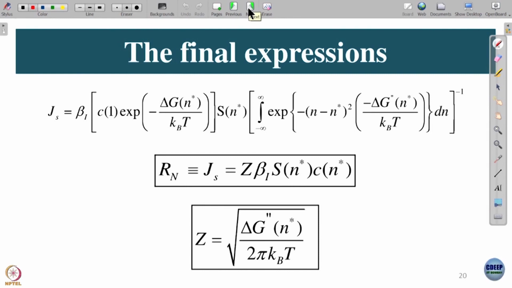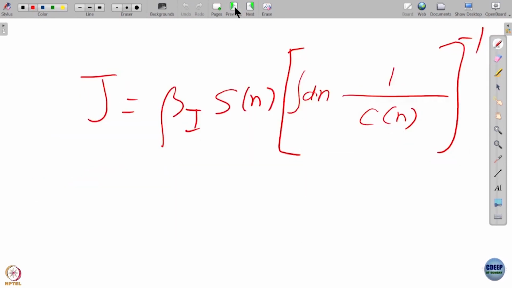Now what do I do? This is my C n, this is beta I S n. Remember, I need this at the critical cluster, so S n becomes S n star or S n C, and then I have to evaluate this integral.